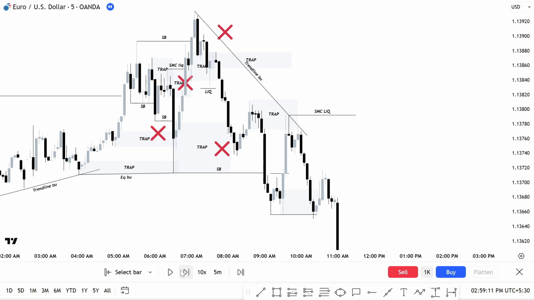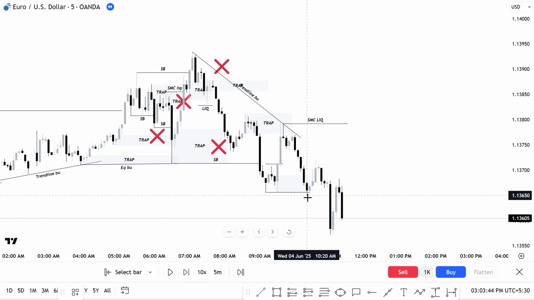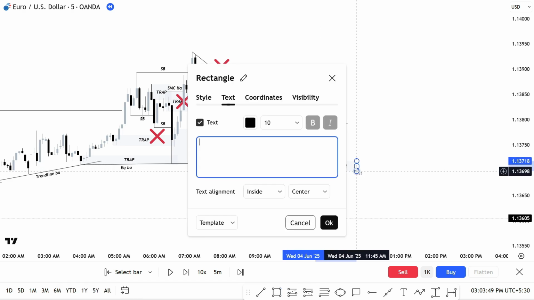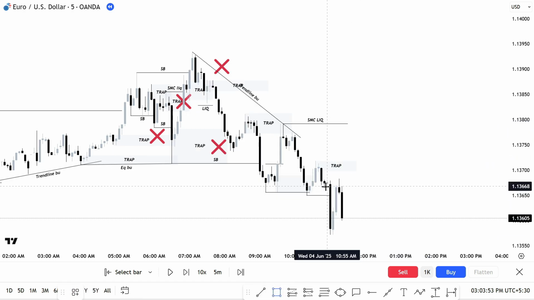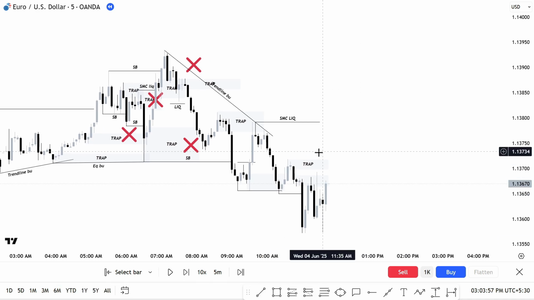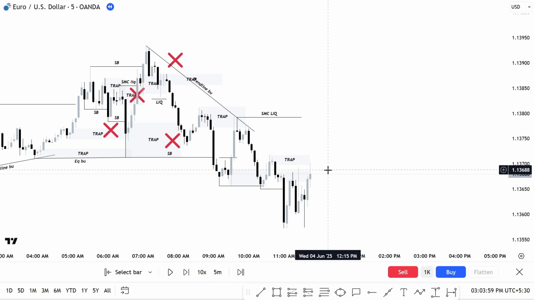Playing the price forward, price gave another structure break to the downside, and these are the trap zones where everyone will try to get an entry. Price gave a reaction and went upside, touching this extreme zone.